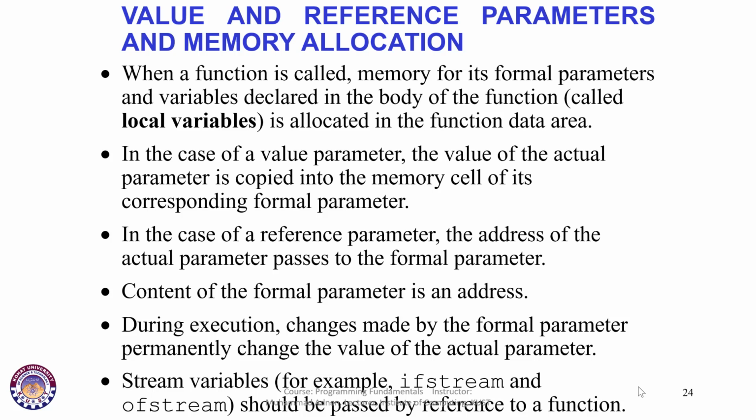So if you use that address and change the variable data, that change will permanently be reflected in the value of the actual parameter. Stream variables like ifstream and ofstream should be passed by reference to a function. We haven't discussed ifstream and ofstream yet, but they should be passed as a reference to a function.